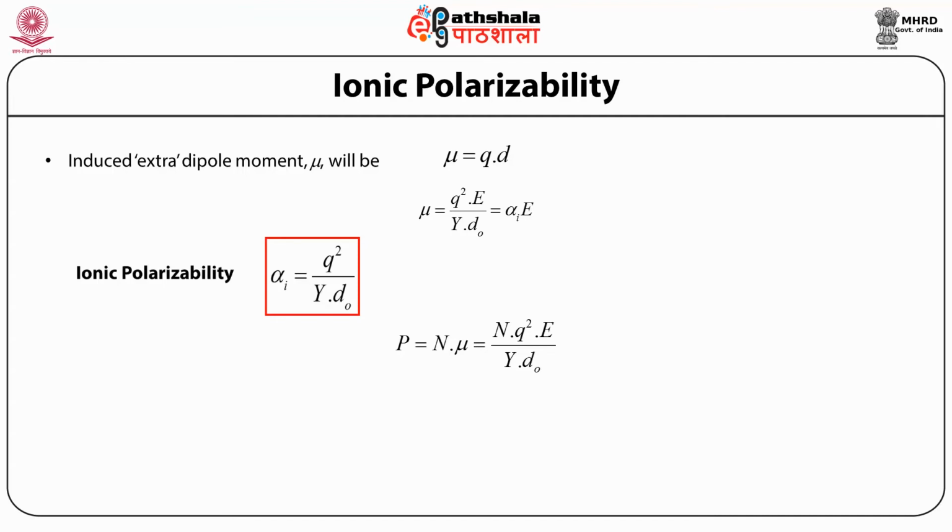If this is not the case, one needs to take the component of dipole moment in the direction of the field before adding them together. This is a very rough guide to calculate the ionic polarizability and can be more complex in the cases of many ionic solids, especially when ions do not have similar charges.